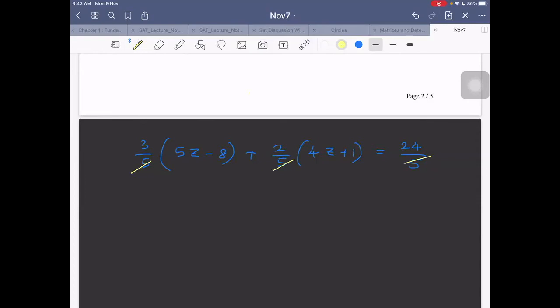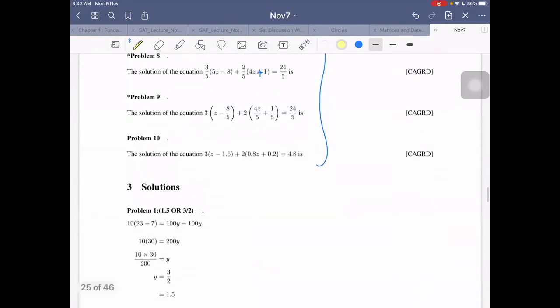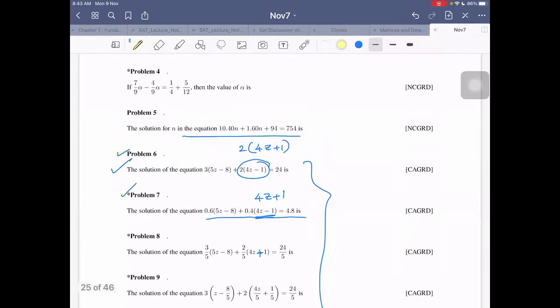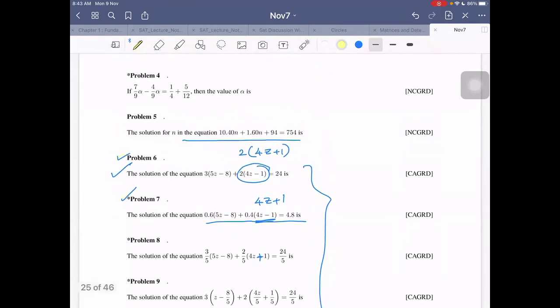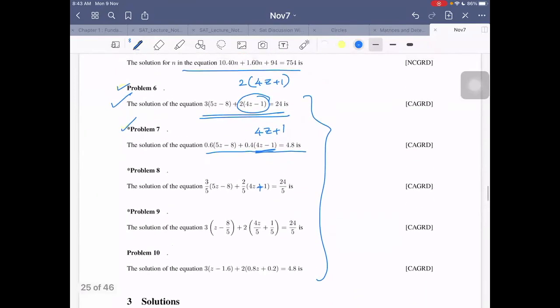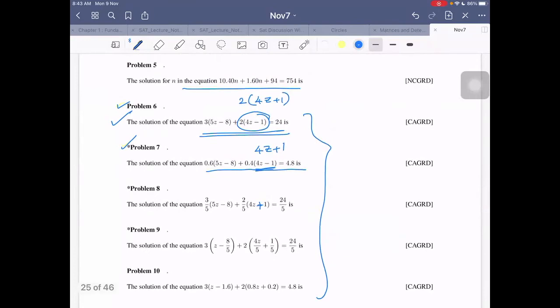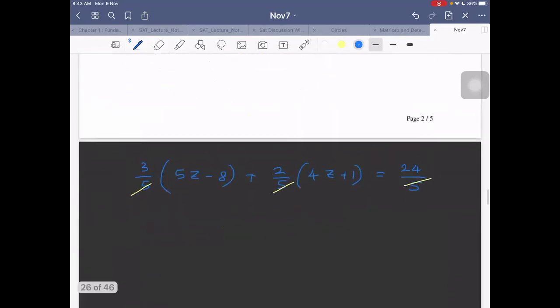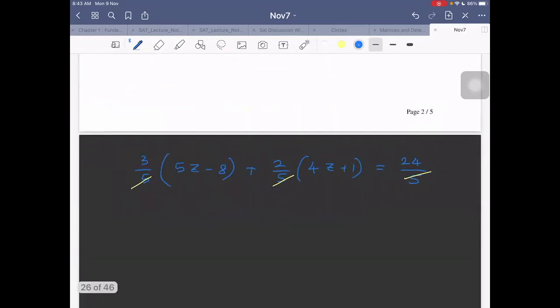Now do you realize that you are left with the same question as in problem number 6, once you cancel off this 5? Okay. Now you can go ahead from this step and do the normal process.